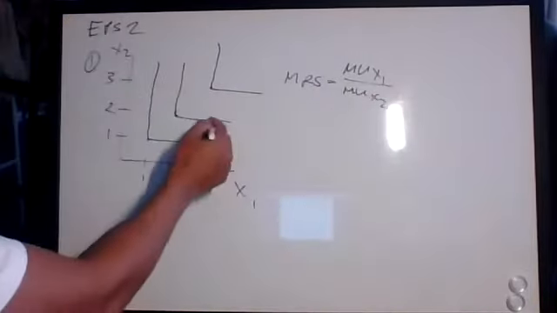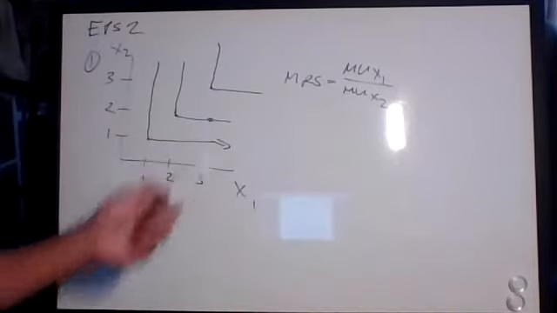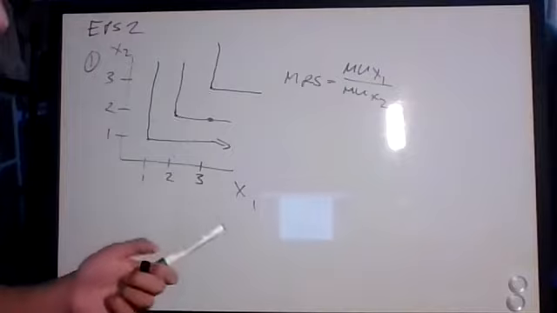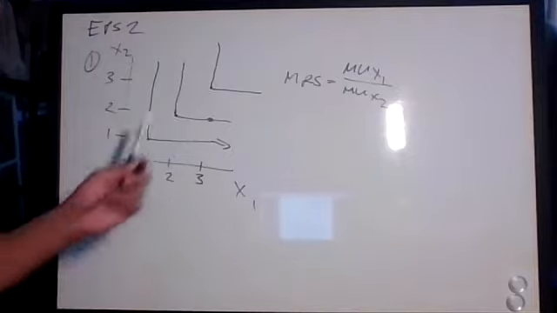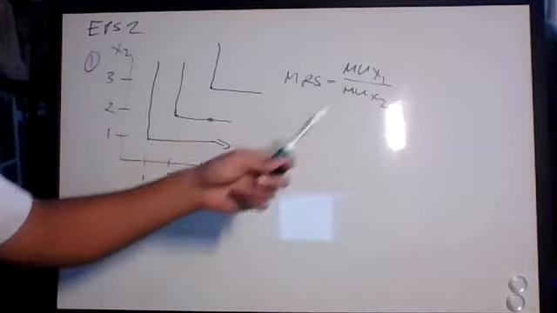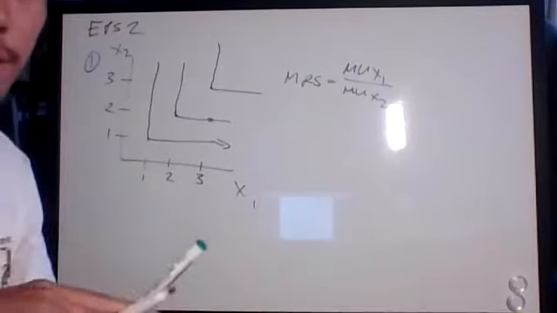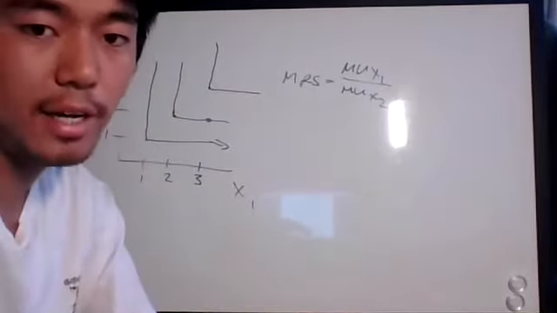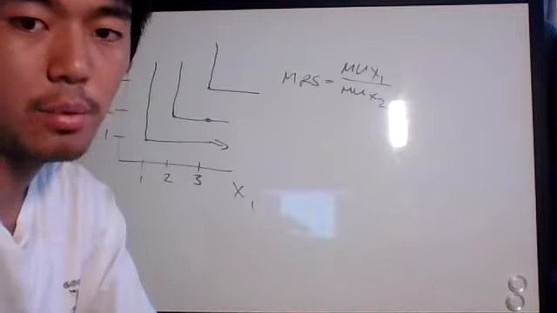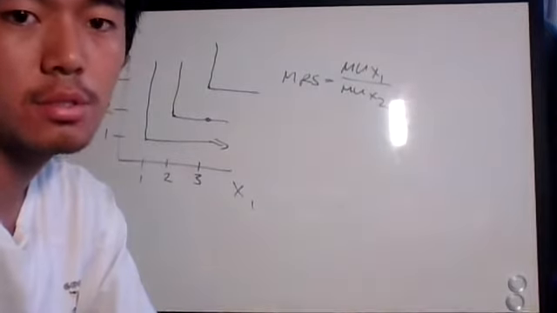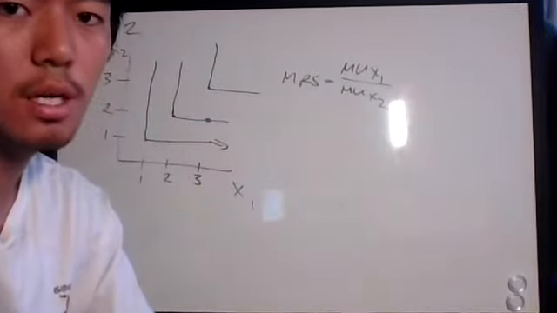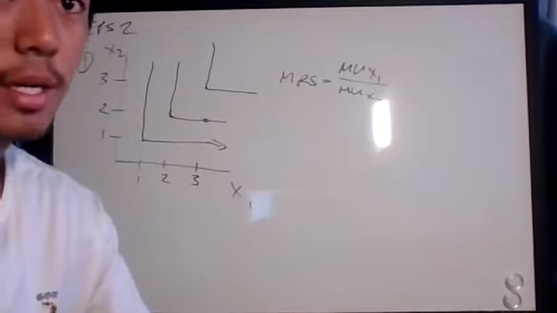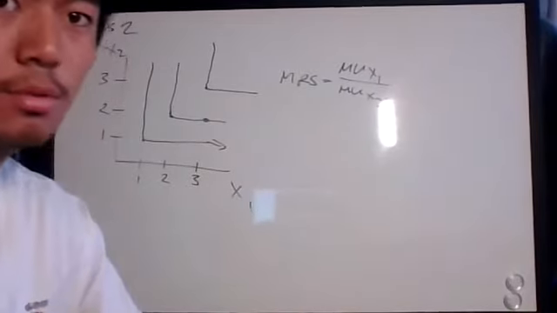Or you can simply look at the slope. You guys can use either approach. When you have an answer, feel free to leave it in the chat. What is my MRS equal to at this point 3, 2?